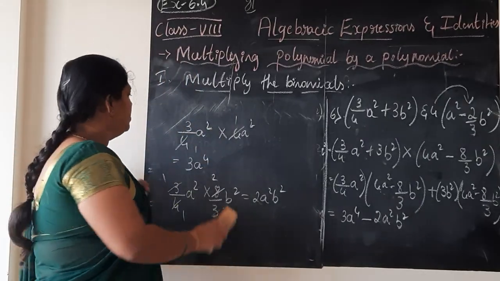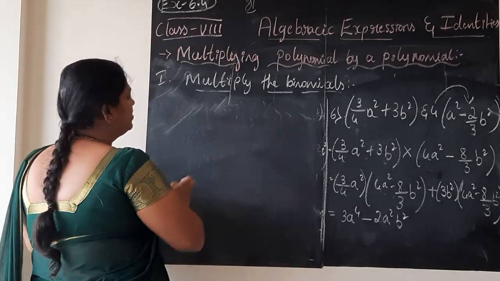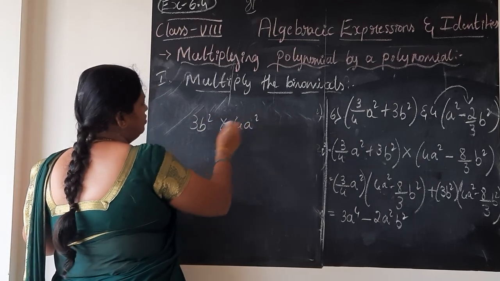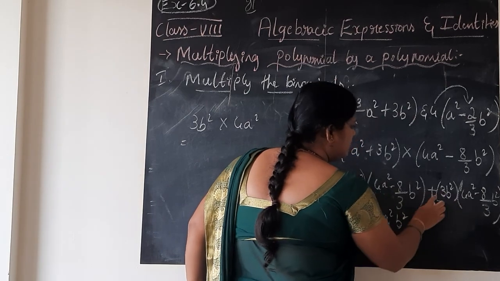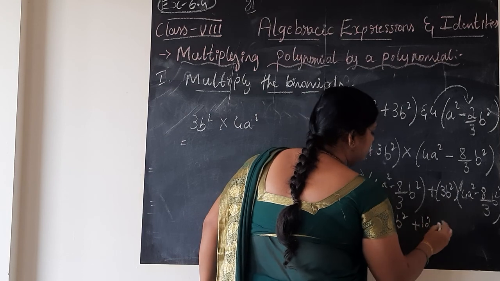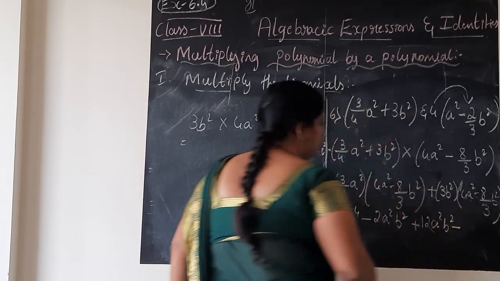Next, similarly, we should do with the second term, that is 3b square into 4a square. This is no problem, I think. See, directly you can do plus into plus plus. 3 fours are 12. B square into a square is a square b square. Plus into minus minus.